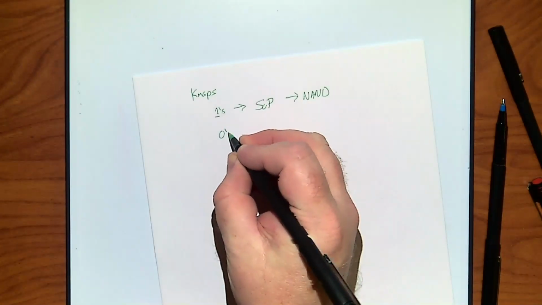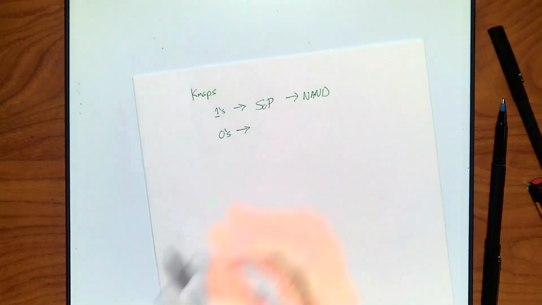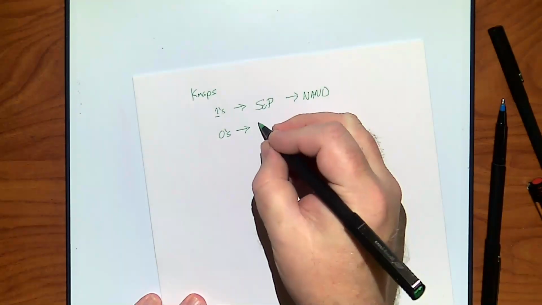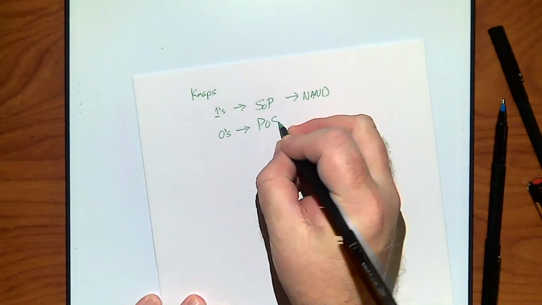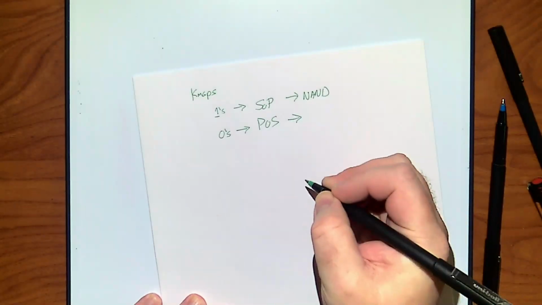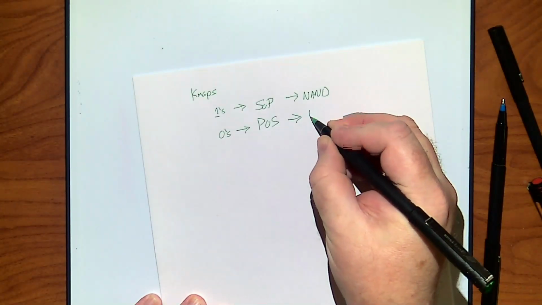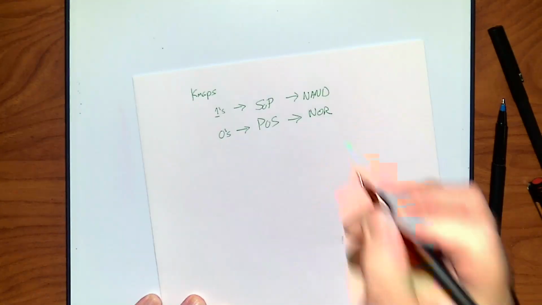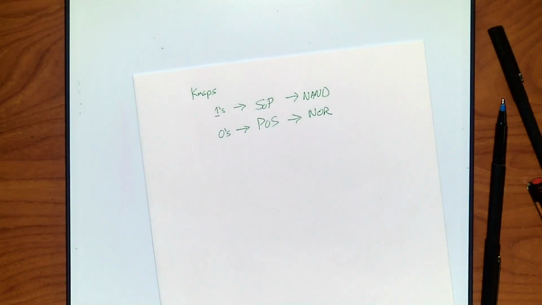What if I encircled zeros? What did I get? Product of sums. And that was NOR gates. And notice this is independent of whatever you build. Okay? We could build these with CMOS, you could build them with BJTs, we got options.